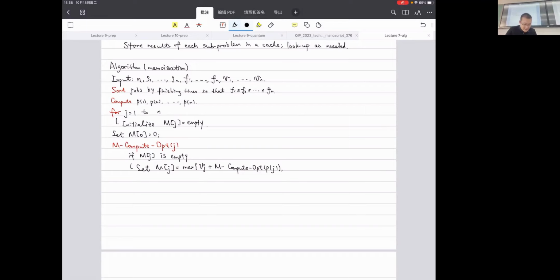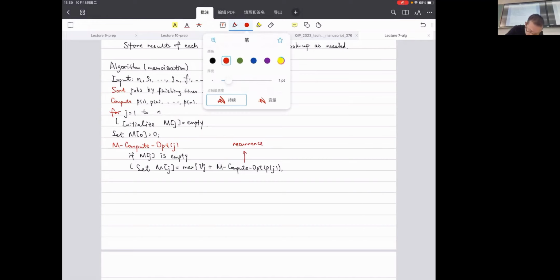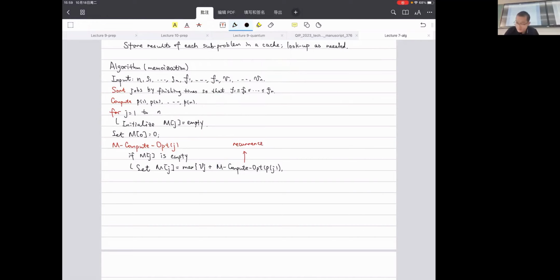Of course, if the current entry Mj is empty, you definitely need to make such a calculation. You just compute the maximum of vj plus M-Compute-OPT of p(j). So here is basically where the recurrence happens. And in the other case, we need M-Compute-OPT of j minus 1 if we don't choose the interval j here.